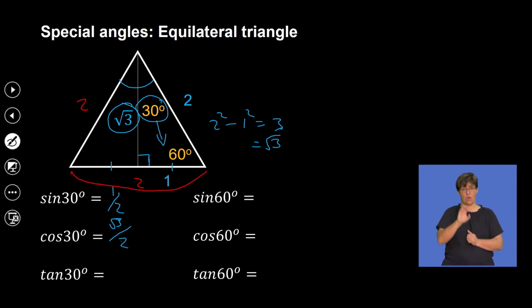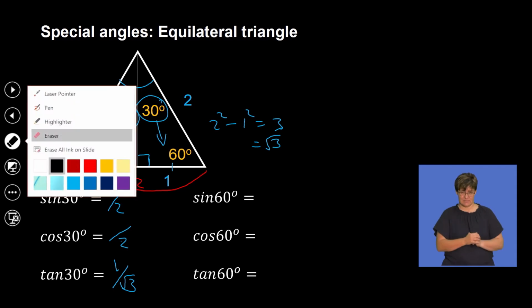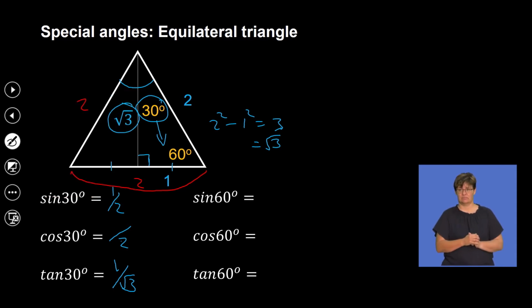Tan 30 is opposite over adjacent. Opposite of 30, that's 1 over the adjacent of 30, which will be square root of 3. And that's what I will then have there. So let me just fix this so you can see it clearly. So this is square root of 3 over 2.